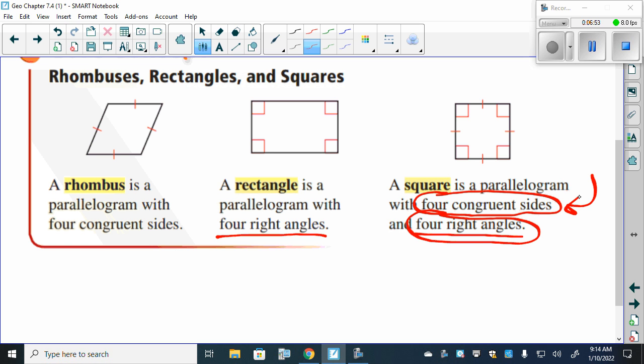So really, when we look at this here, a parallelogram, quadrilateral, because inside both of those, we do have the categories of rhombus and rectangle.